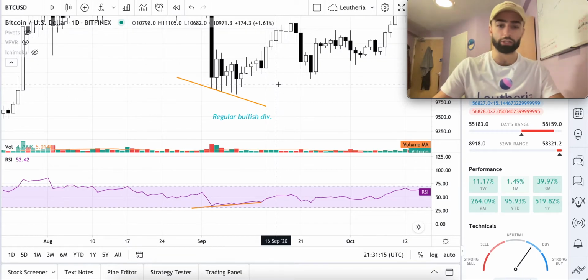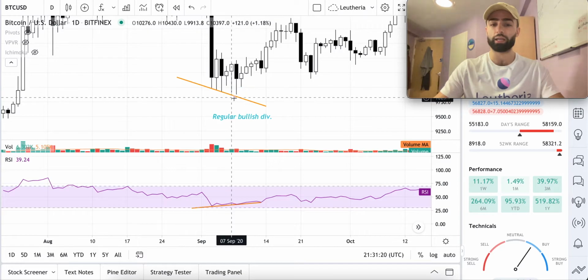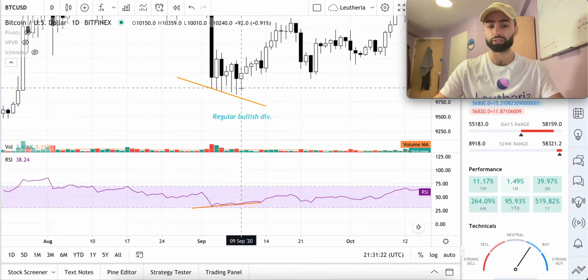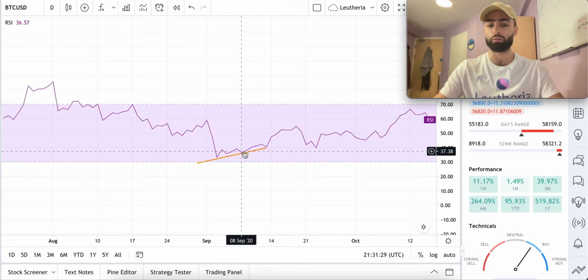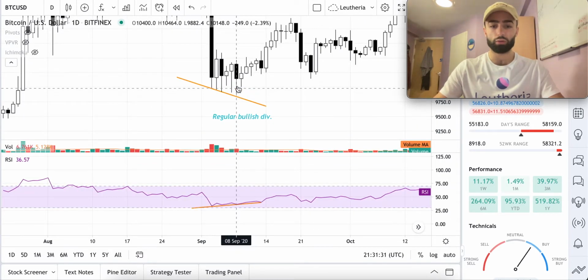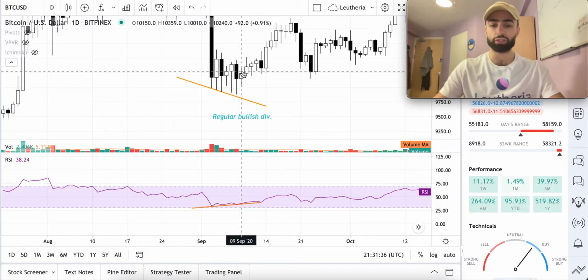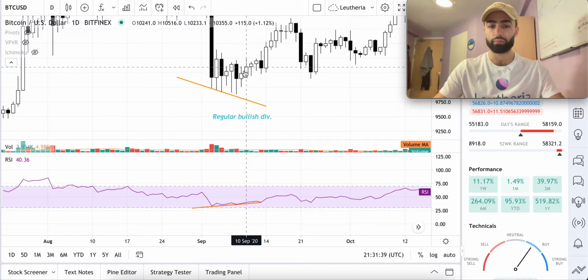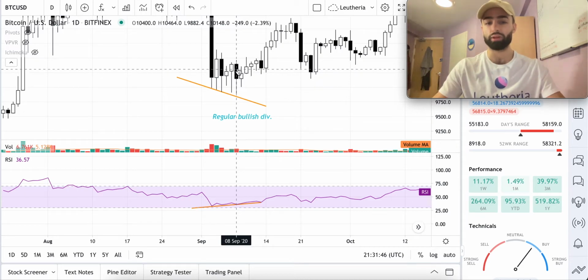So when do you make an entry on something like this? Well, your entry comes the moment that you know that you've made an established bullish divergence. And that would mean a lower low is set when the RSI is making a higher low right here. So this black candle is shown to be a low once this white candle occurs, because this candle right here is just an inside bar, meaning the price action for this was just contained inside of the previous candle's price action.